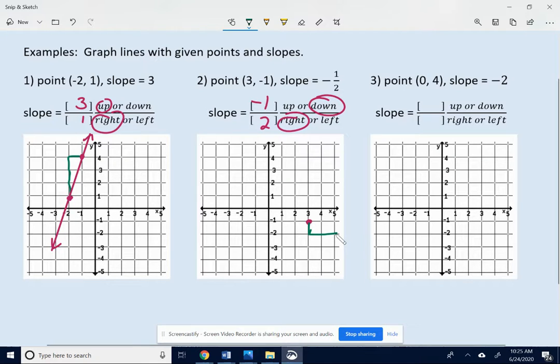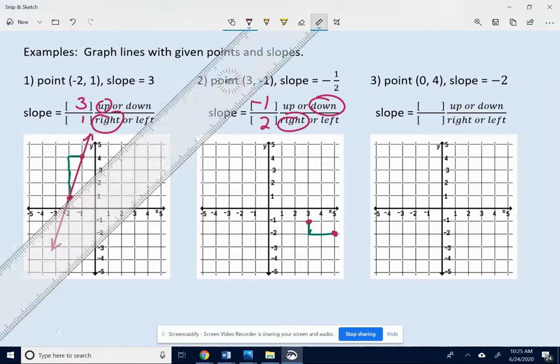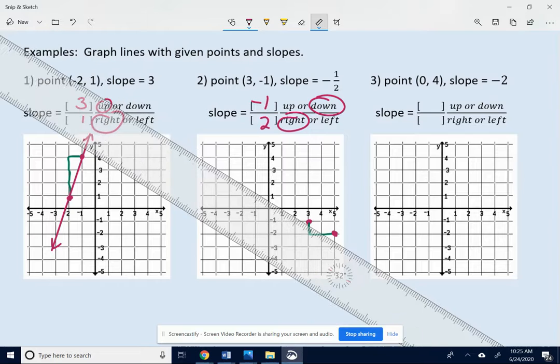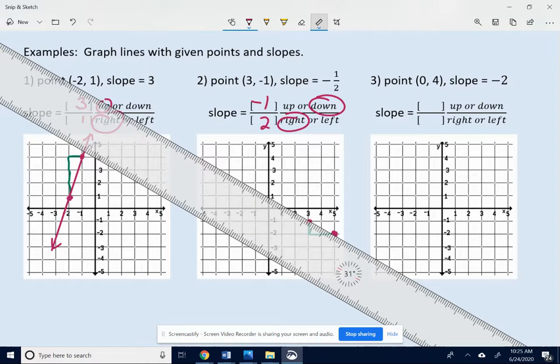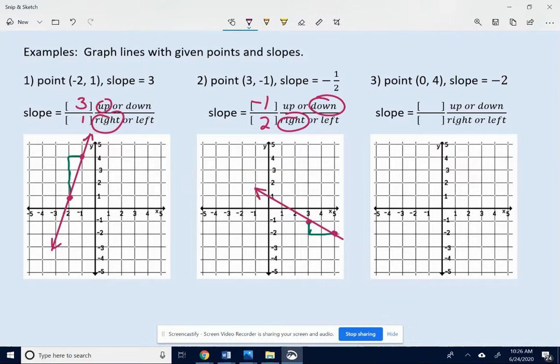Down 1, right 2. You draw your second point as best you can. Draw a straight line that connects them both. Try to extend it a little bit and draw arrows to show it goes on forever.